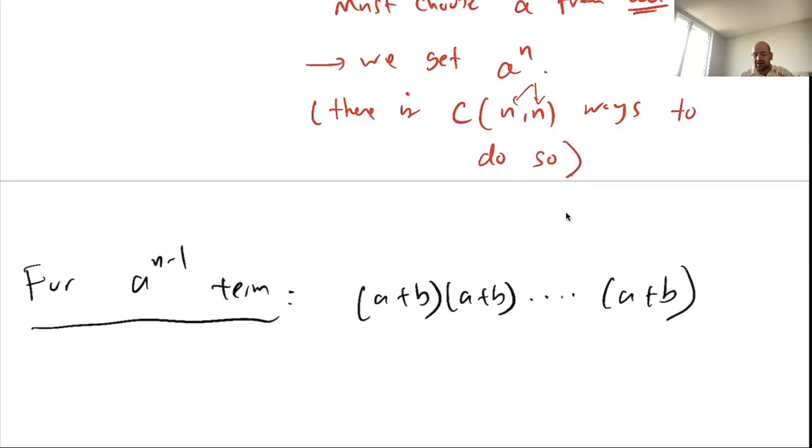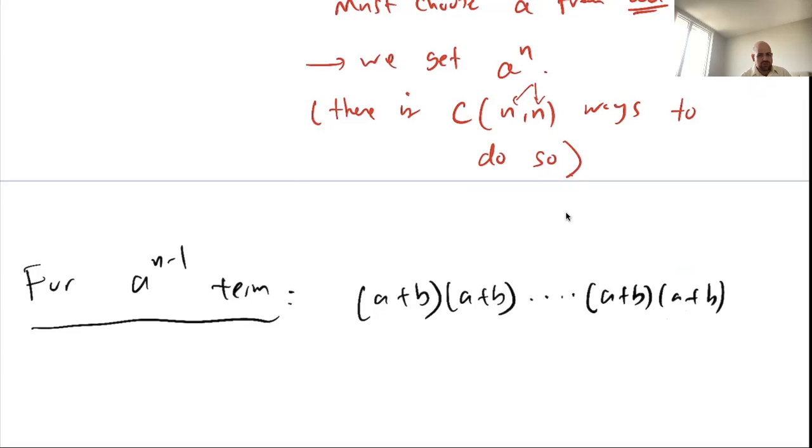I still have n brackets in total, but this time I choose a from n minus 1 brackets. Because if I choose a from all n brackets, then I get the a to power n term, not the a to power n minus 1 term.